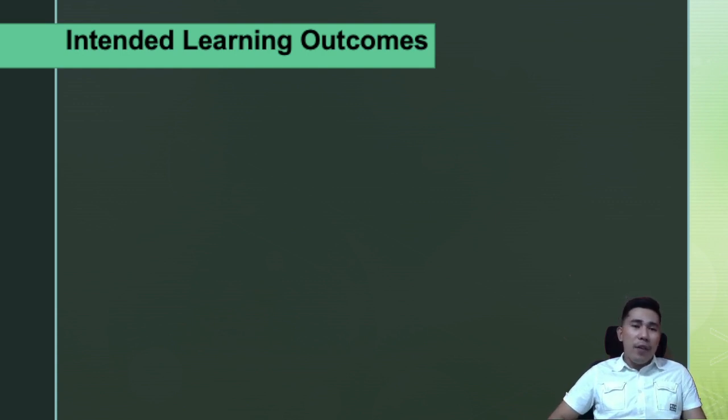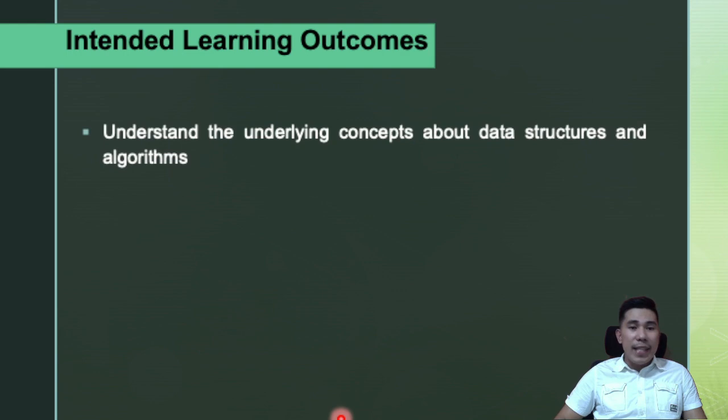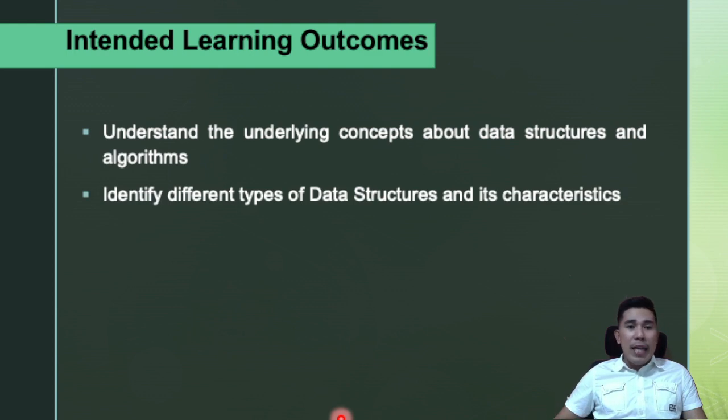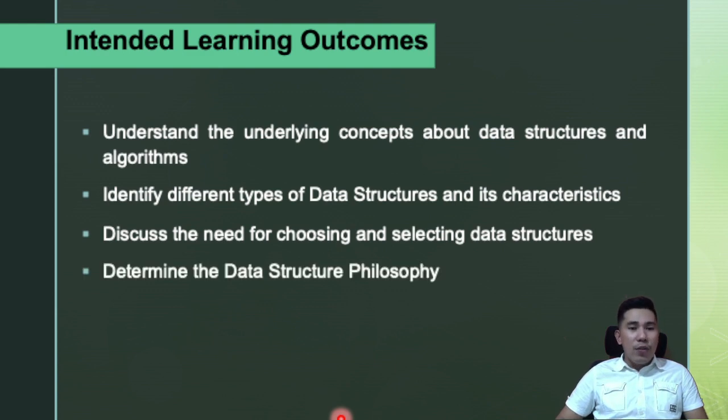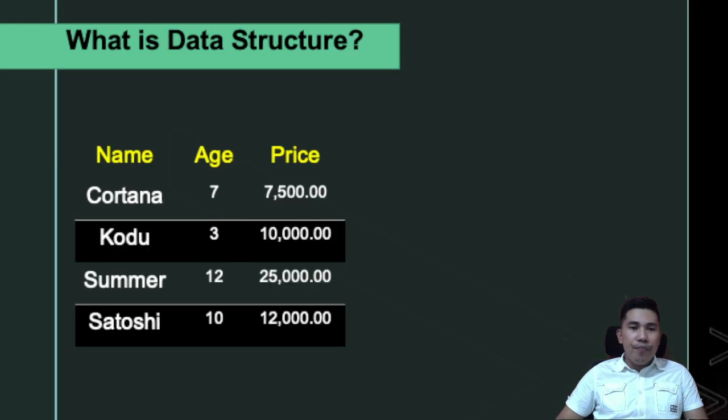Specifically, for this week, you are expected to understand the underlying concepts about data structures and algorithms, to identify different types of data structures and their characteristics, and to discuss the need for choosing the appropriate data structures. And the last one is to determine the data structure philosophy.